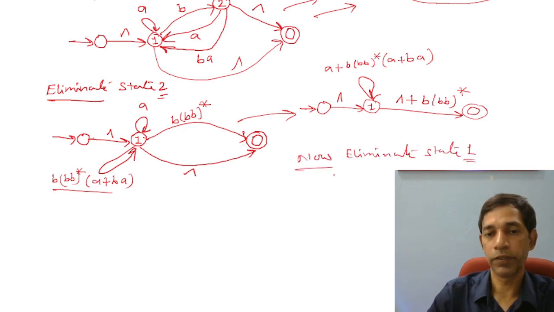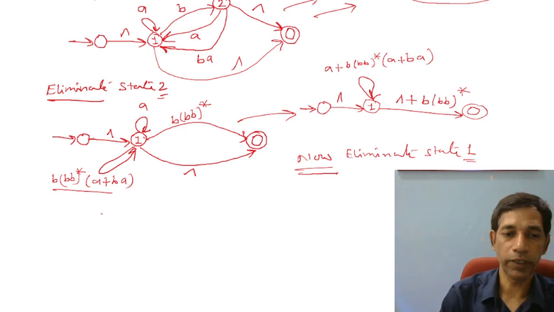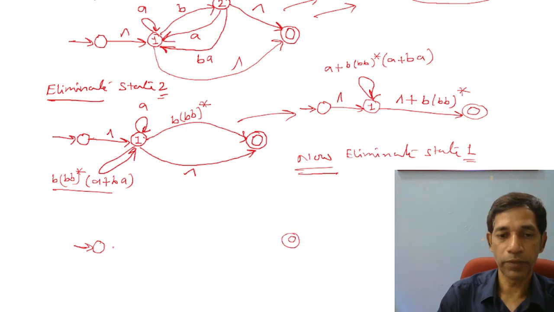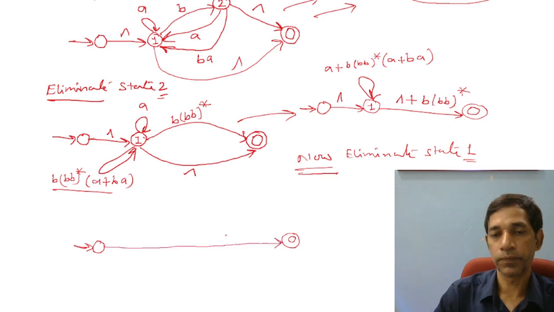So we are going to eliminate the state 1. Once you go for the elimination, you will have only two states now. One is the initial state and the other is the final state, and you will have the direct path from the initial state to the final state.